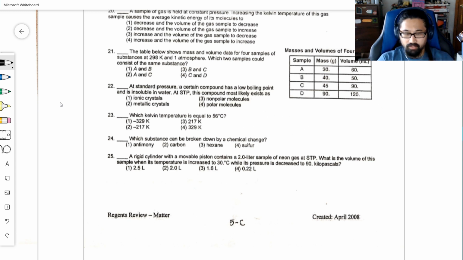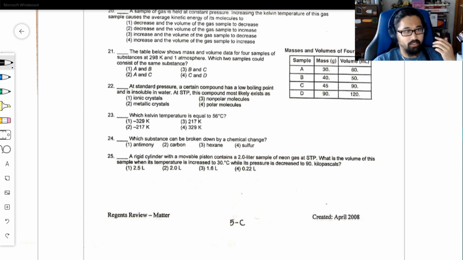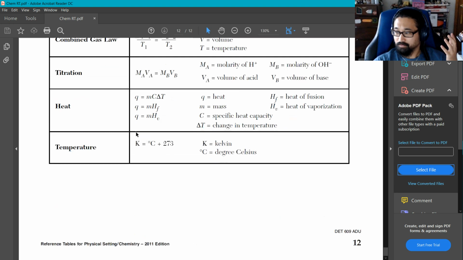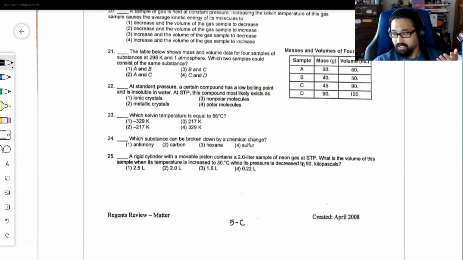I think I just wrote it the same twice. My brain has just stopped working. I'm literally looking on the reference table. If you look at the reference table, it's right here. Kelvin is Celsius plus 273. So I'm going to stop writing that wrong.